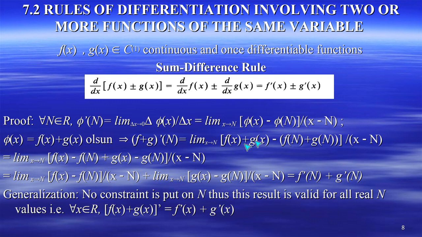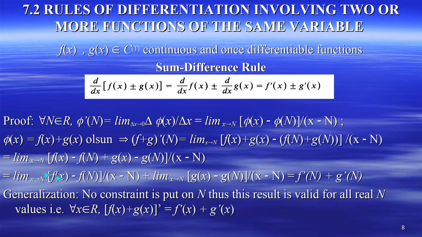Then I can distribute this denominator in both parts, and I can distribute the limit inside as well, because the limit of the sum is the sum of the limits, the sum of limits theorem. This is equal to the limit when x goes to n of f of x minus f of n over x minus n plus the limit of g of x minus g of n over x minus n.